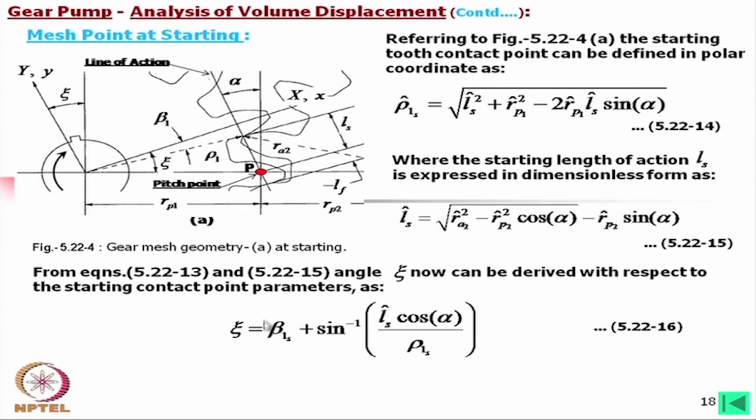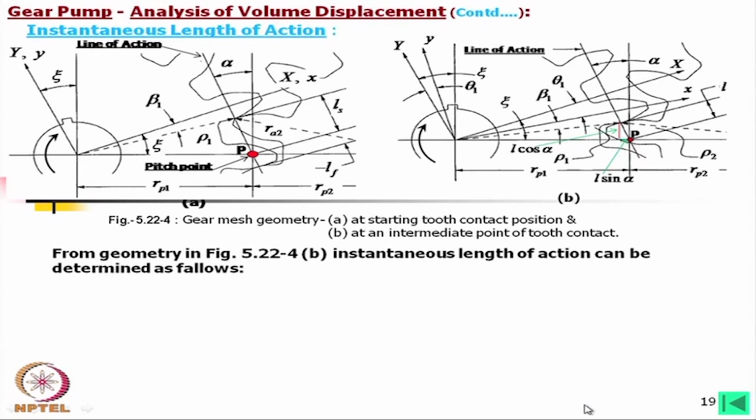So, now we can derive what this angle is. If we know the angle of contacts, we can calculate this angle also, where rho 1 S is equal to rho 1, which I have already defined.